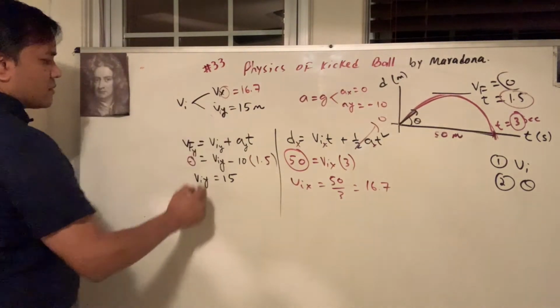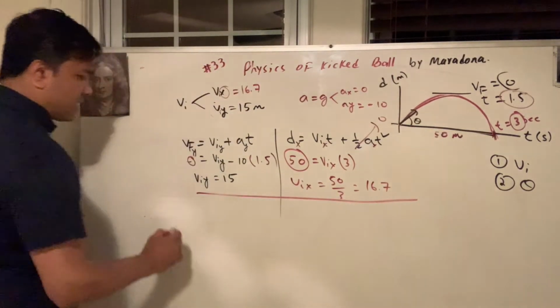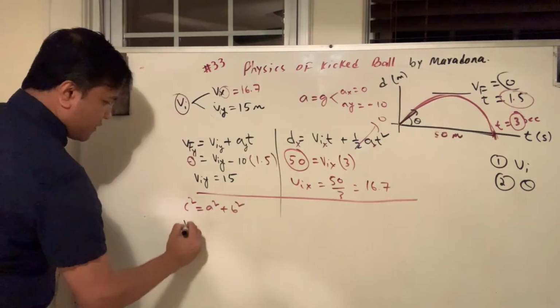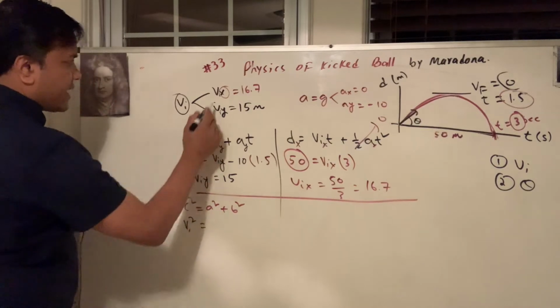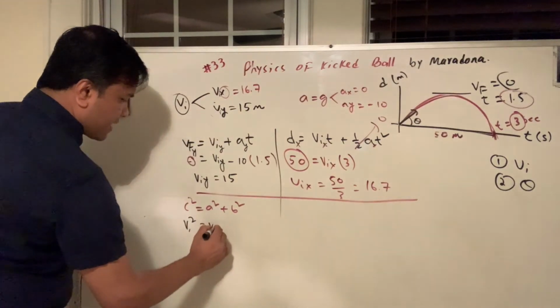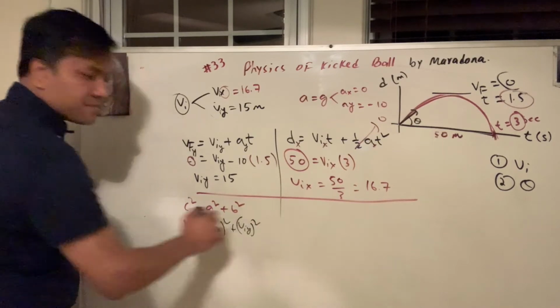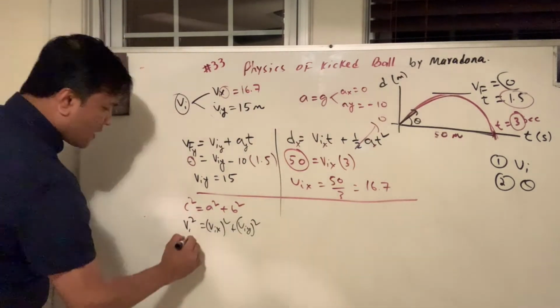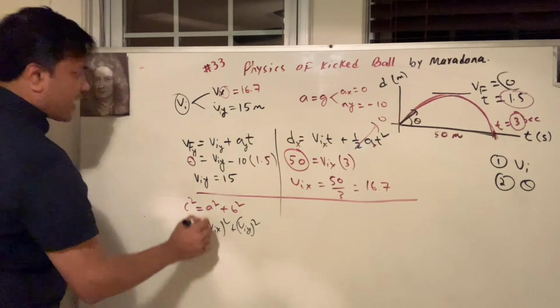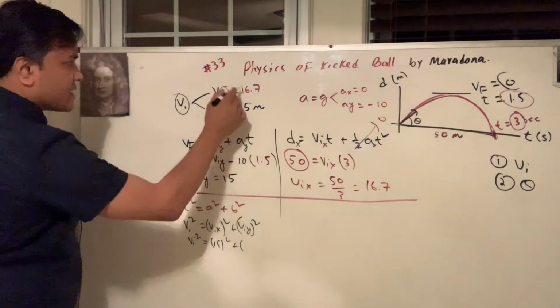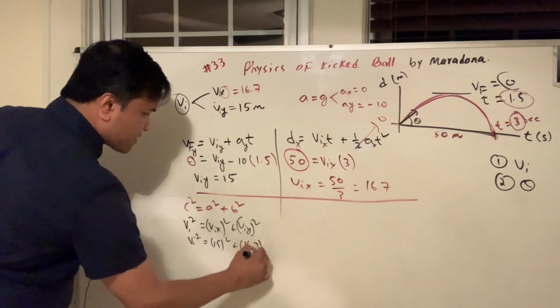Now we can use the Pythagorean theorem, which is c squared is equal to a squared plus b squared. Vi squared is equal to Vix squared plus Viy squared. So Vi squared is equal to 15 squared plus 16.7 squared.